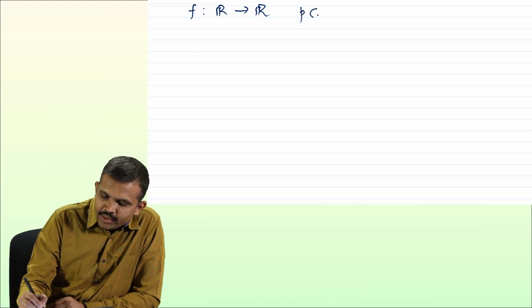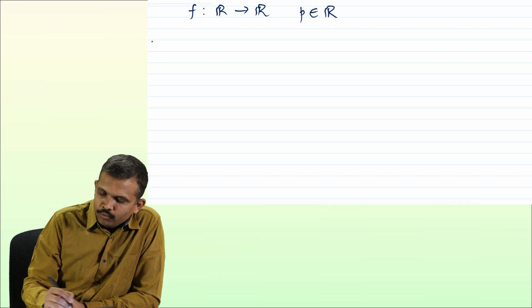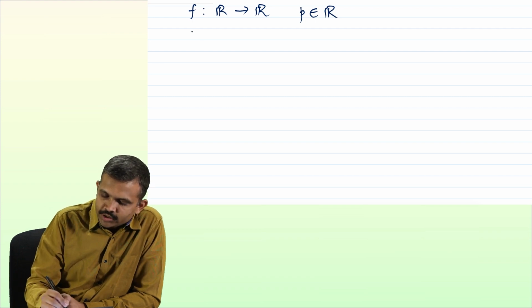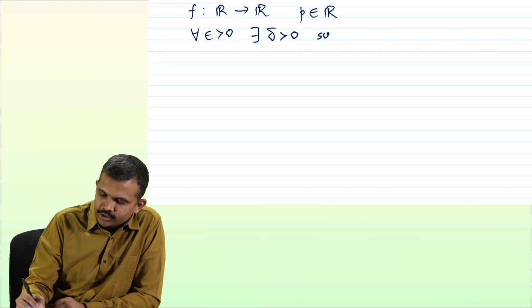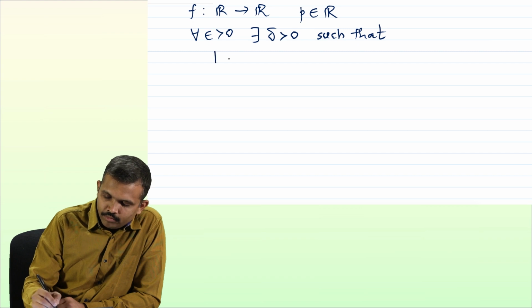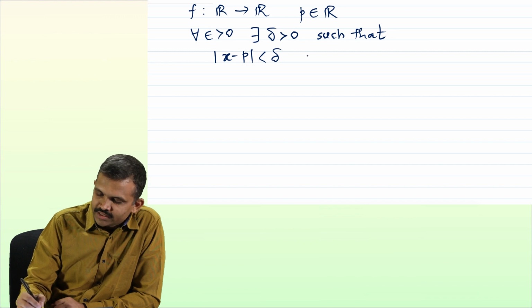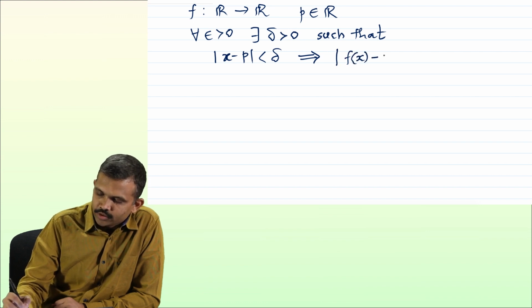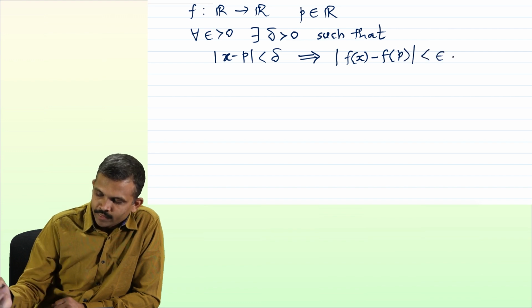Let us fix some point p in R, and what we say is f is said to be continuous if for every epsilon greater than 0 there exists some real number delta positive such that whenever |x - p| < delta, that is whenever x is within delta distance from p, we must have its image f(x) lie within epsilon distance from f(p).